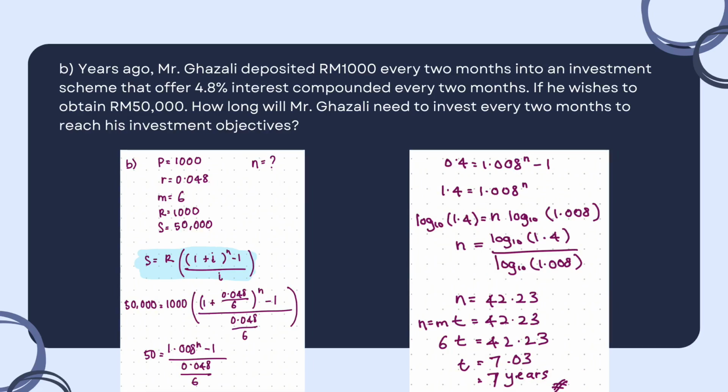We got our m, which is 6, so 6t equals 42.23, so 42.23 divided by 6, we get t equal to 7.03, so t equals 7 years.